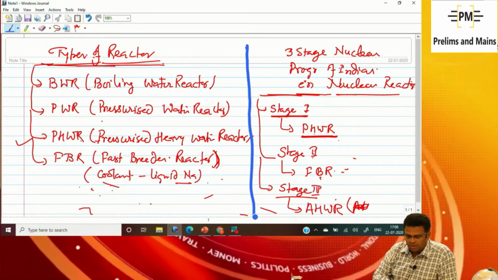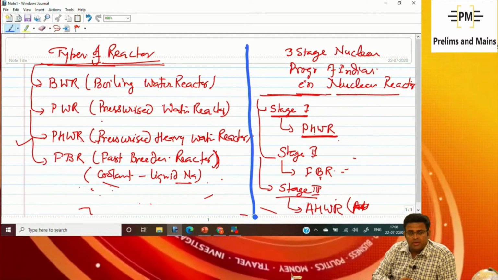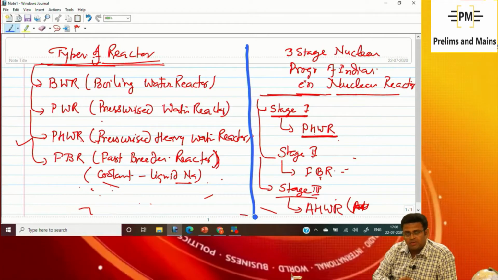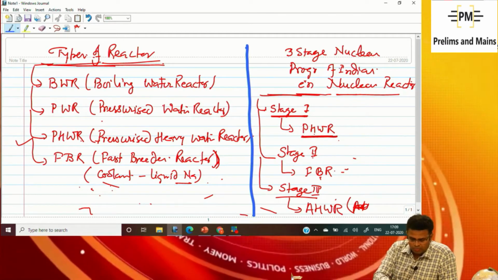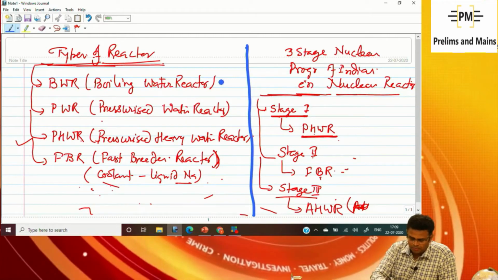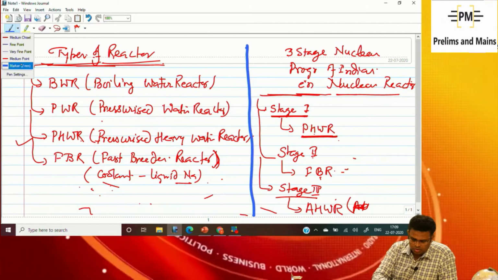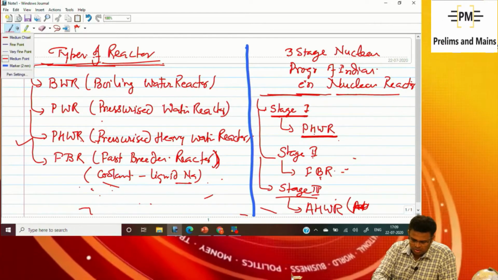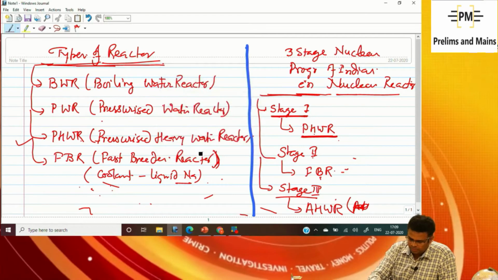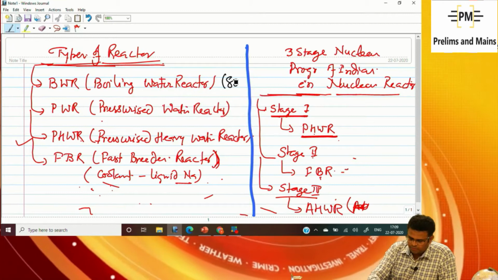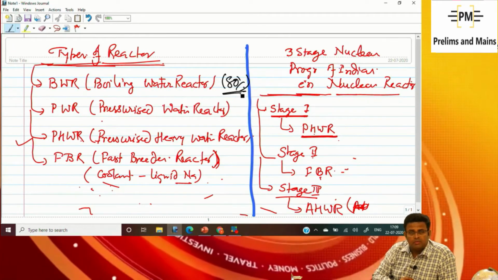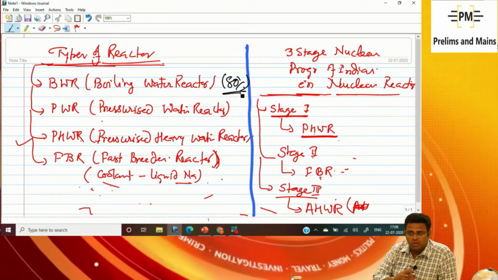So on one side we have seen the different types of reactors that are popular in the world, and on the other side what India has utilized. If I talk about the world, eighty percent of the reactors are boiling water reactors, since a long time.